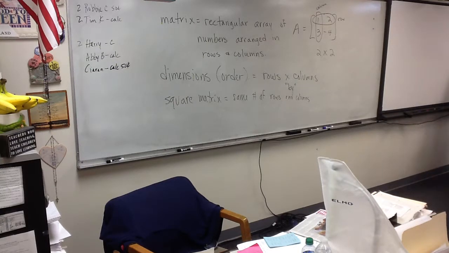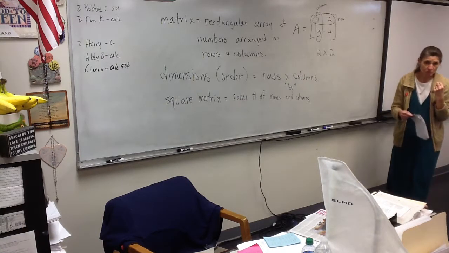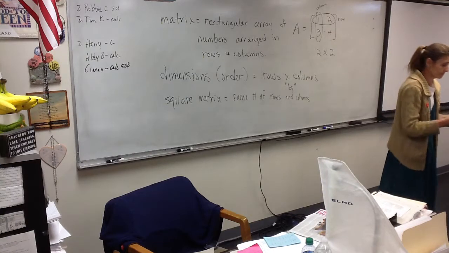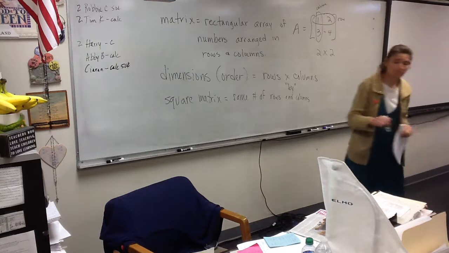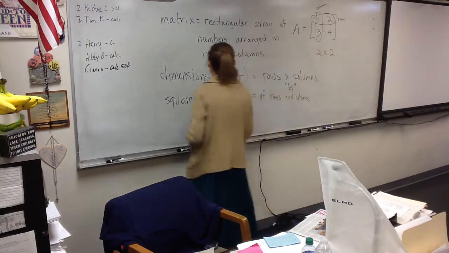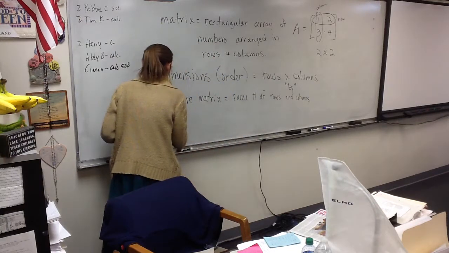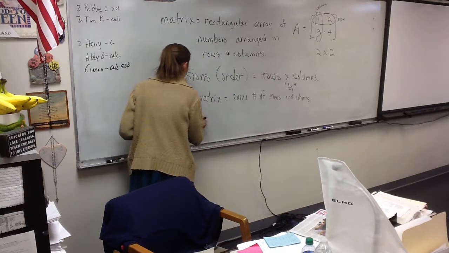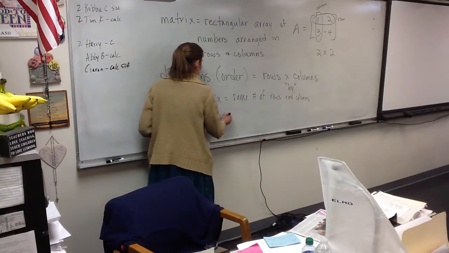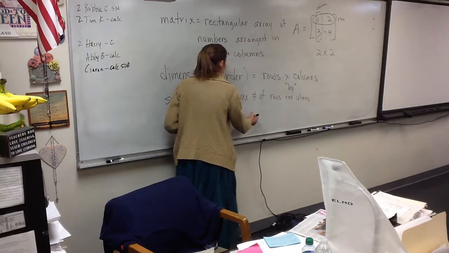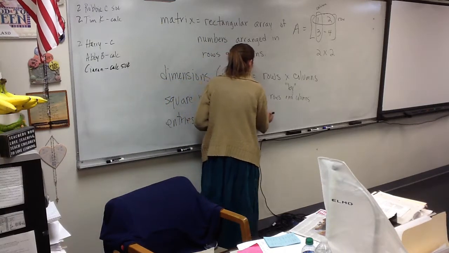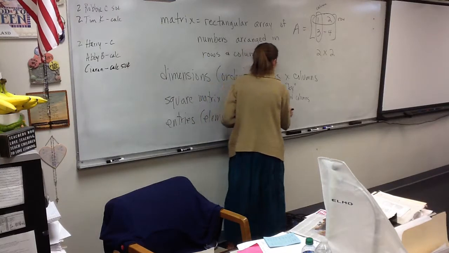Is matrix B square? No, because it's 2 by 3. They don't match. The entries, also called elements, are the numbers inside the matrix.